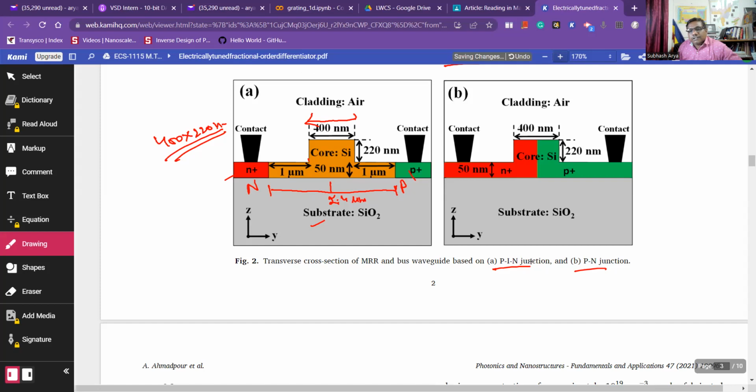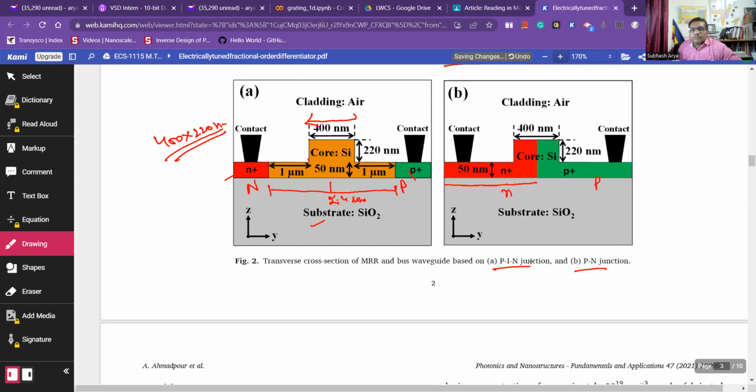Now for this case, N type, so total this 400, I think this is in the middle. So from here to here you can assume constant doping. I think we have to see whether it is constant or not. 50 nanometer is high, 220 nanometer is this, and this is P plus, and this is N plus. So PN junction, and this is contact 400.